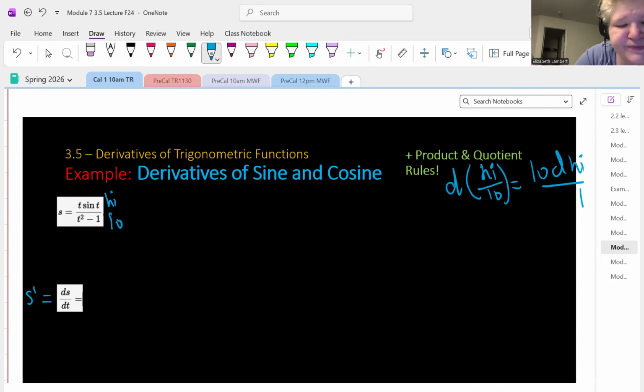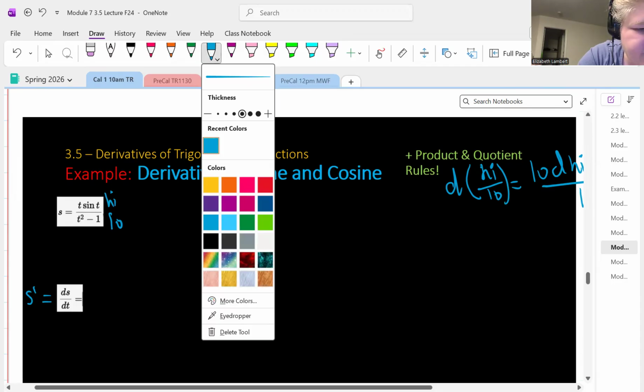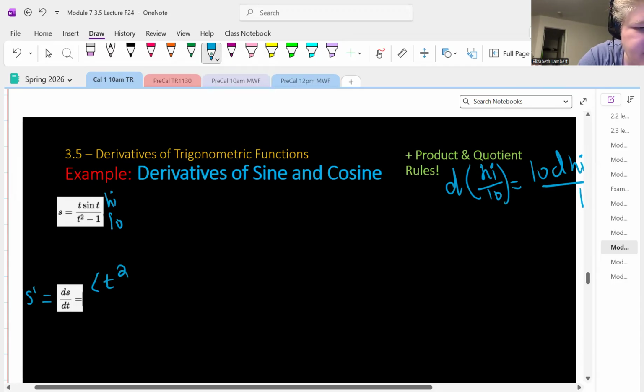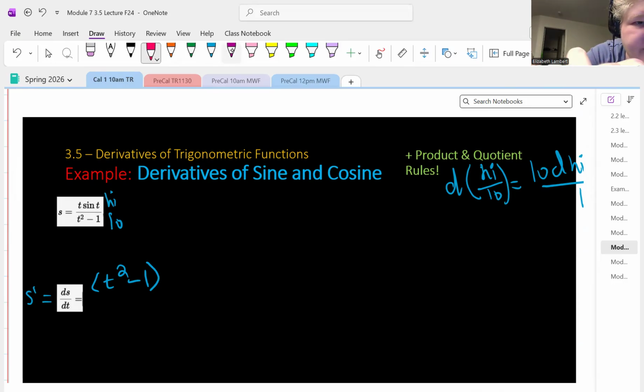So low first, we're going to have t squared minus 1, and then d high. So I'm going to make my d orange just for a little color coding. And then I'm going to relabel my high pink. So derivative of high, t times sine of t.